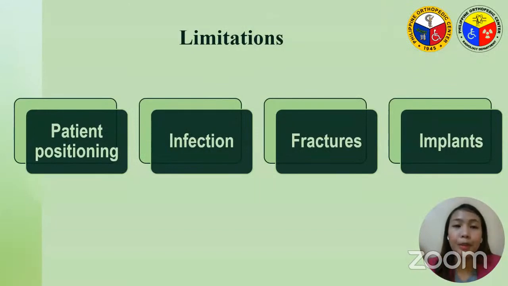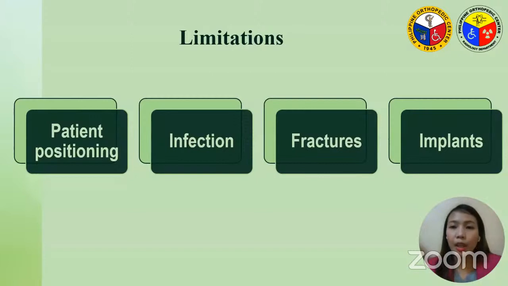There are also some limitations when utilizing ultrasound of the shoulder. These limitations include improper patient positioning that can have an impact on image acquisition and quality. It is critical to place the patient in a comfortable and ideal position that allows proper access to the shoulder and adjacent tissues.